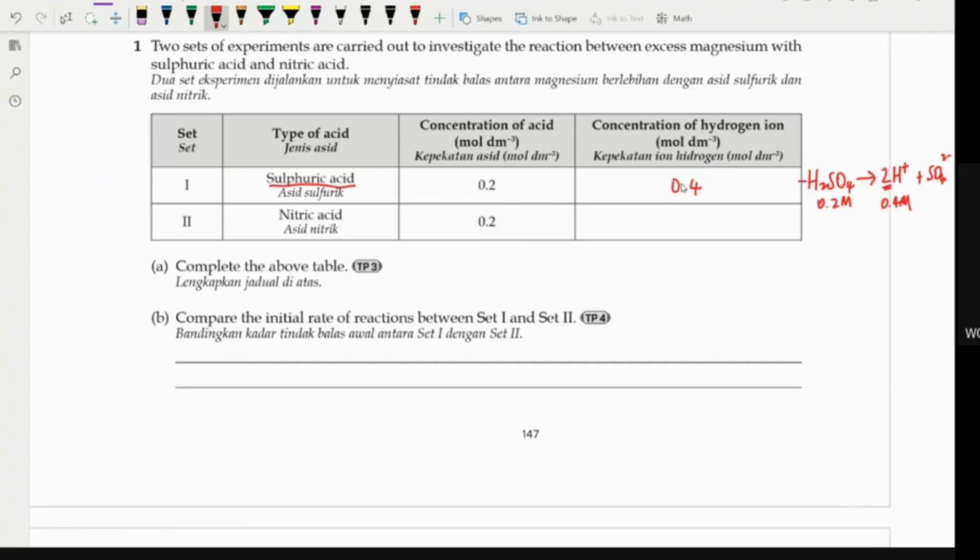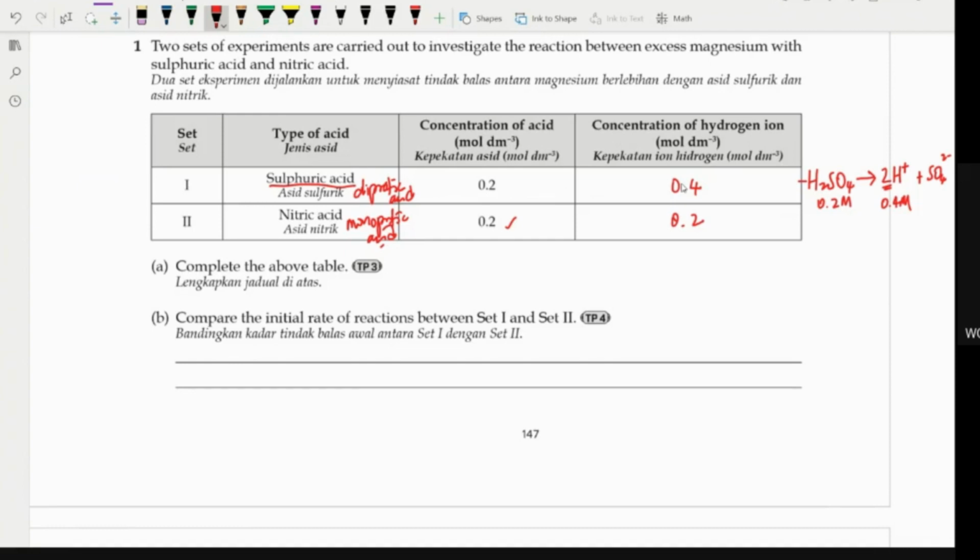Okay, nitric acid. So this one, sulfuric acid, we call it diprotic acid. Nitric acid is a monoprotic acid. So if here it is 0.2, here also 0.2 for set 2. Okay, so compare the initial rate of reaction between set 1 and set 2.